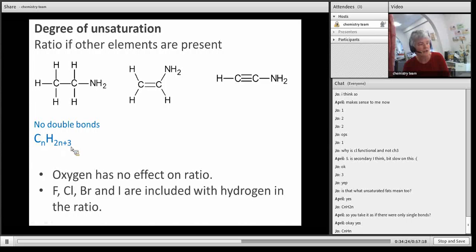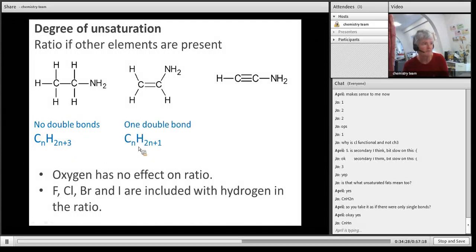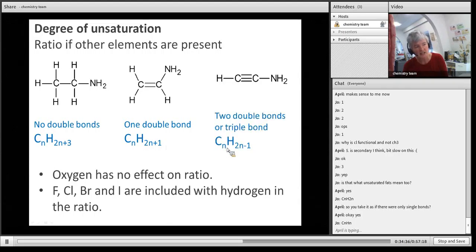And if there's 1 double bond, instead of being CnH2n, remember nitrogen can form that extra bond, so it'll be 2n plus 1. And for the triple bond, instead of being CnH2n minus 2, it's CnH2n minus 1. And as I say, we won't deal with this very much for the exam, but you will look at it when we're doing the spectroscopy.